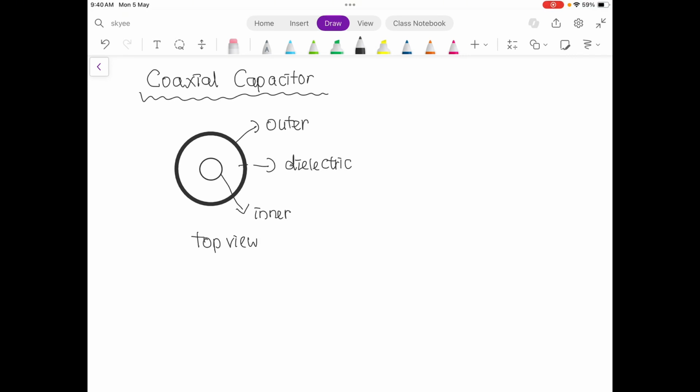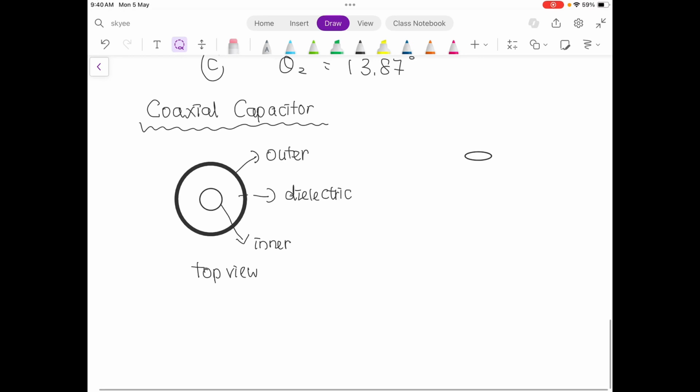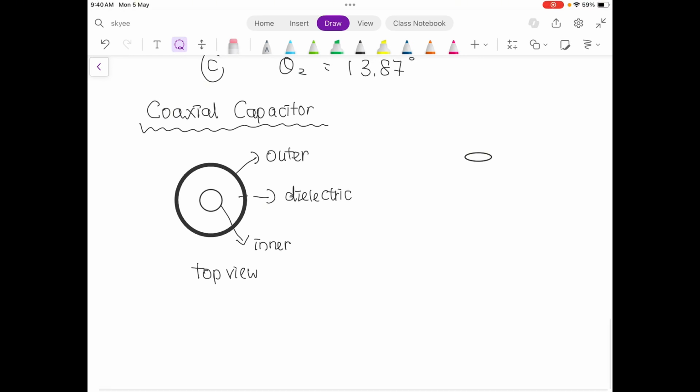If you want to look at the side view, this is a side view. You have an inner conductor, then you have the outer conductor.